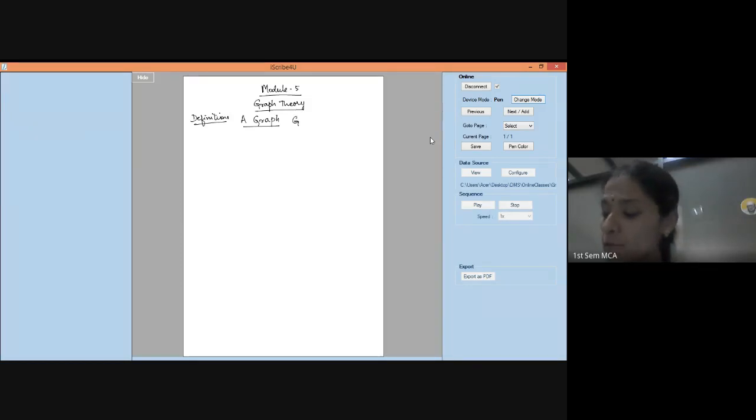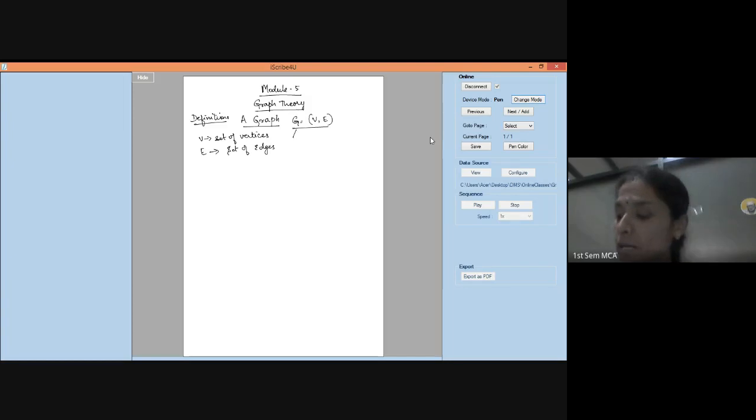A graph G we represent as an ordered pair. We all know now what an ordered pair is: V comma E, where V is the set of vertices and E is the set of edges.